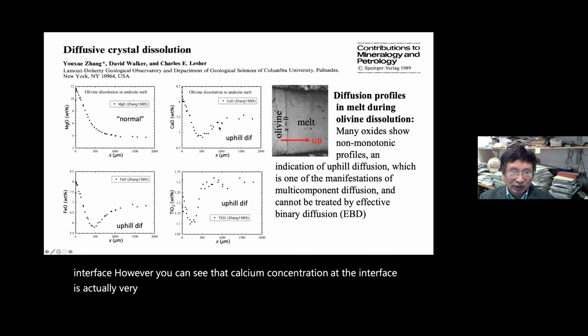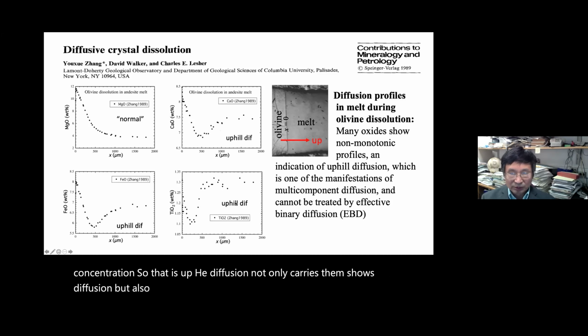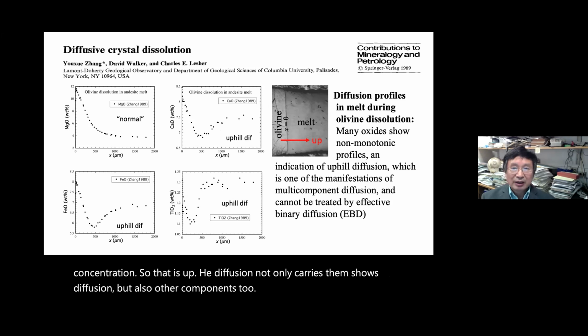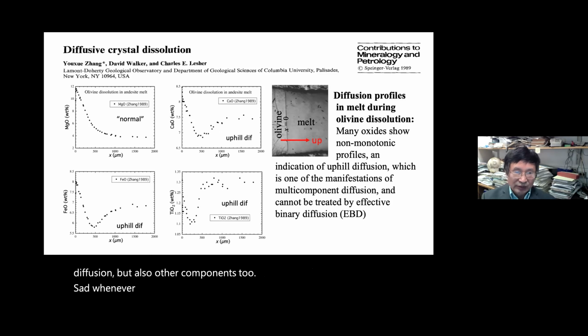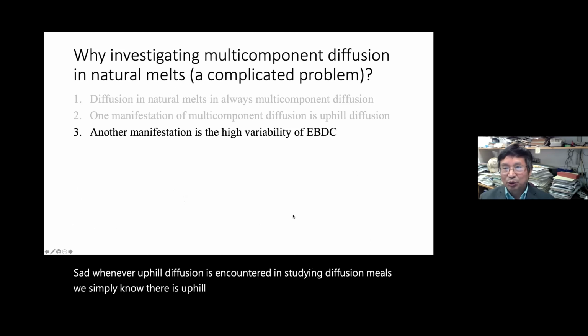So calcium diffuses from low concentration to high concentration. That is uphill diffusion. Not only calcium shows uphill diffusion, but other components too. So whenever uphill diffusion is encountered in studying diffusion in melts, we simply note there's uphill diffusion and then we ignore that.